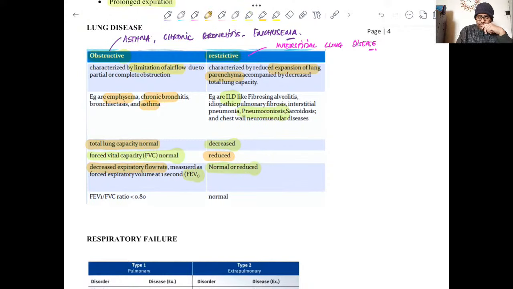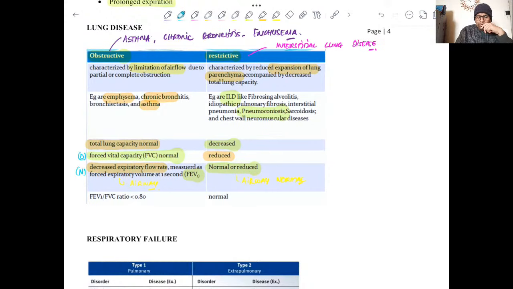So this is actually a measure of airway. Clear? Since there is obstruction of the airway in obstructive, FEV1 decreases in the obstructive type, but here airways are normal. Clear? And therefore if you take a ratio of FEV1 to FVC, this is the numerator here, this is the denominator.